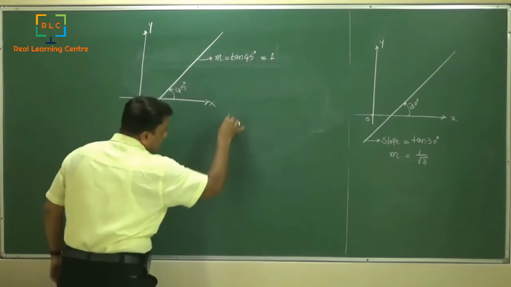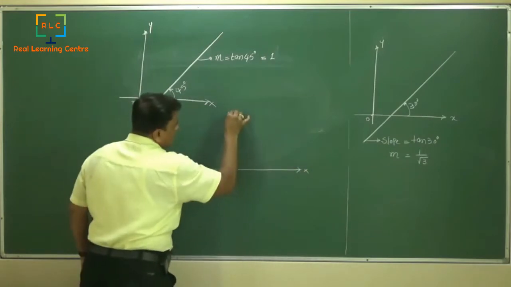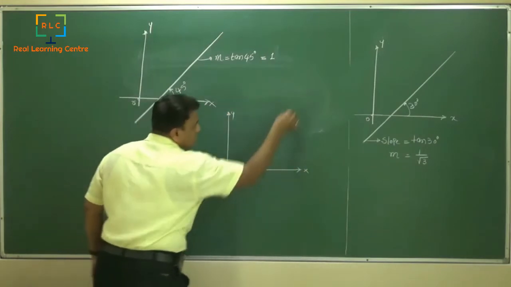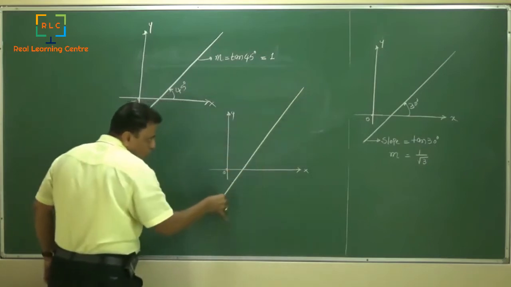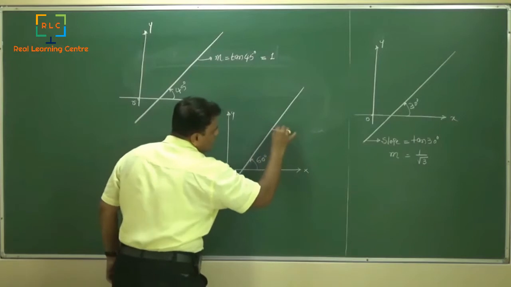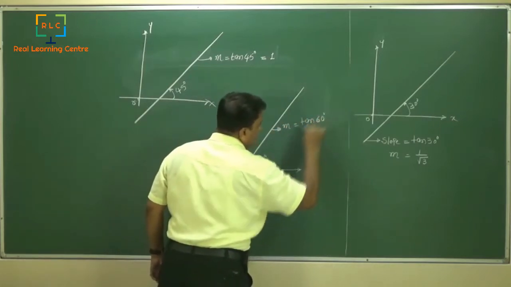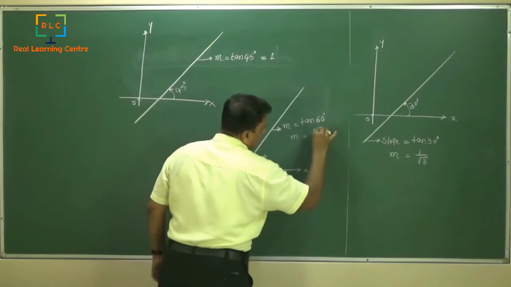Similarly, x-axis and y-axis and origin. If a line whose inclination is 60 degrees, then the slope is equal to tan 60 degrees. Therefore, m is equal to root 3.